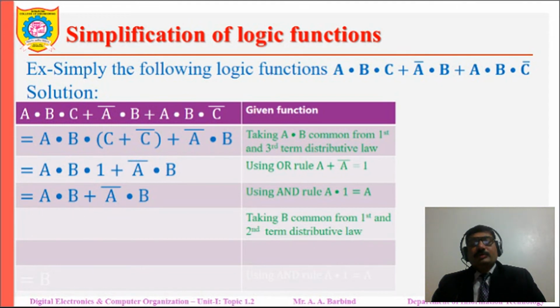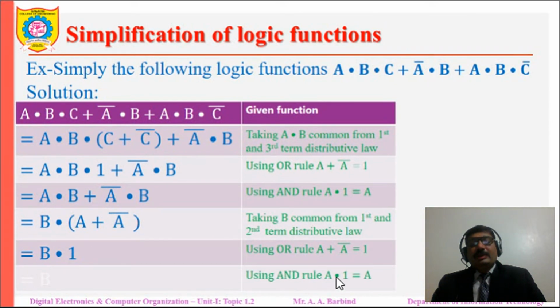So after we take that common, what remains in the first term is a, what remains in the second term is a bar, and again we can use the OR rule, that is a or a bar is equal to 1, so it will be b and 1, a or a bar replaced with 1, and again using the AND rule, a and 1 is equal to a, so this expression reduces to b. So this particular big expression, when we simplify, it reduces only to b.